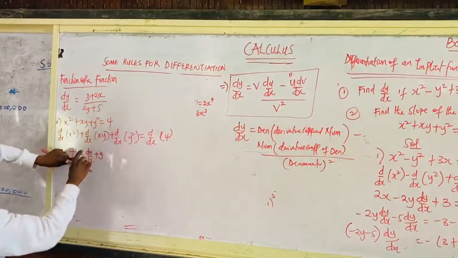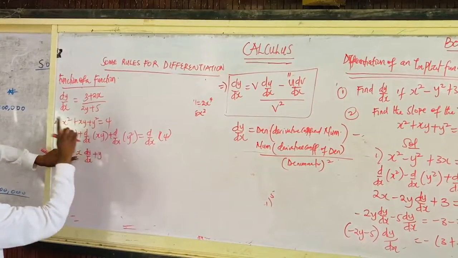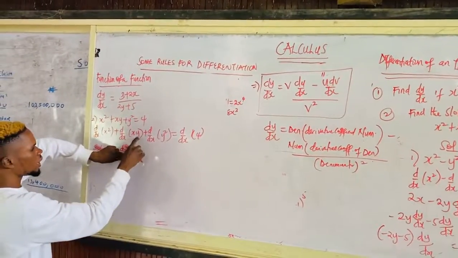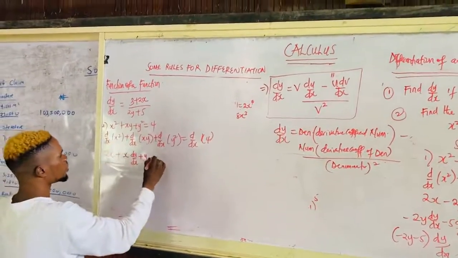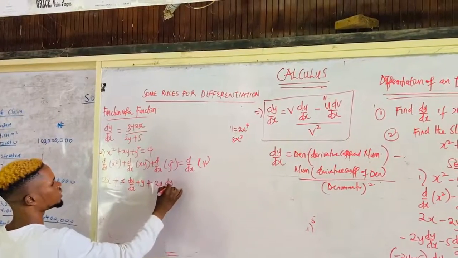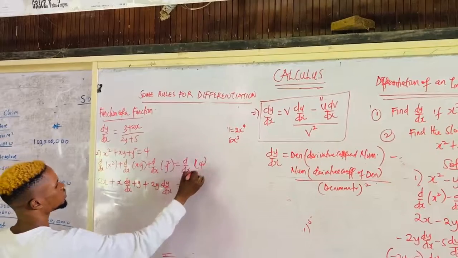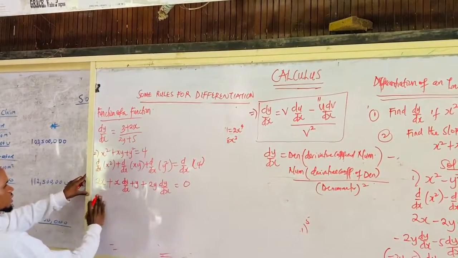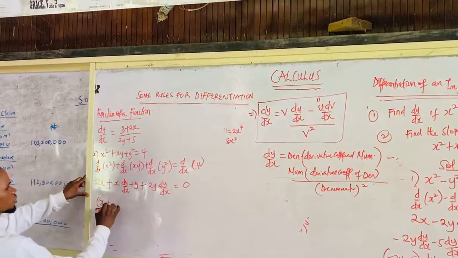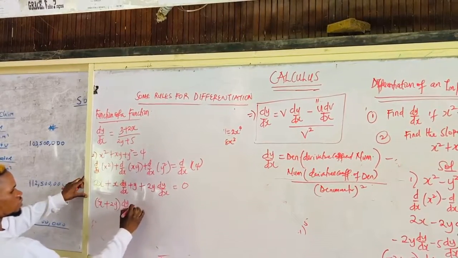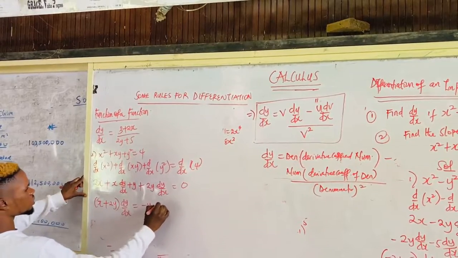Plus 2y dy/dx. Plus, this is what? A constant is 0. So that's x plus 2y dy/dx is equal to minus y minus 2x.